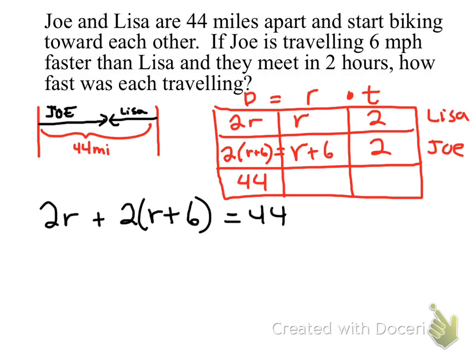Now, what would I do next? Sam? Okay, and I get equals 12? And now we combine our like terms.